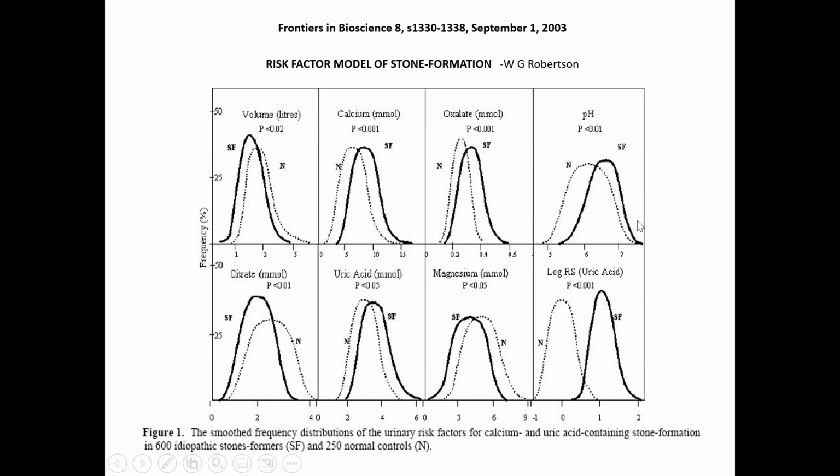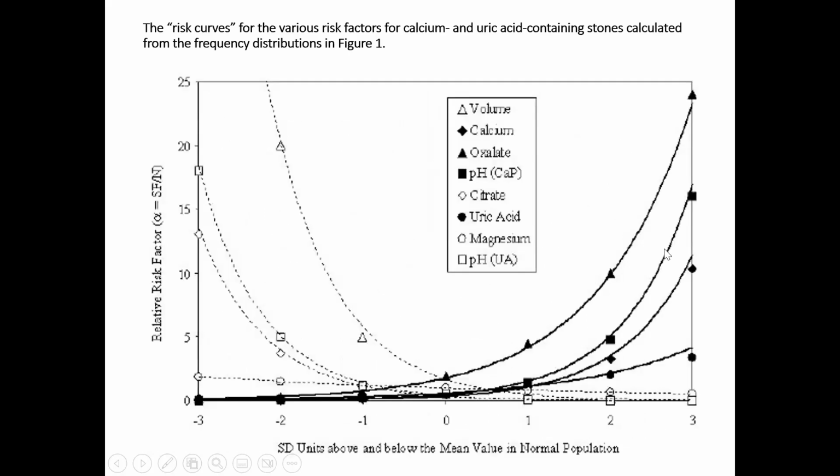And here you can see pH: increased pH increases calcium stone formation. And here is also a graphical presentation of risk factors of renal stones. You can clearly see if volume is decreased, all the renal stone risks increase, and for the uric acid stones, low pH causes a high risk of uric acid stone formation.